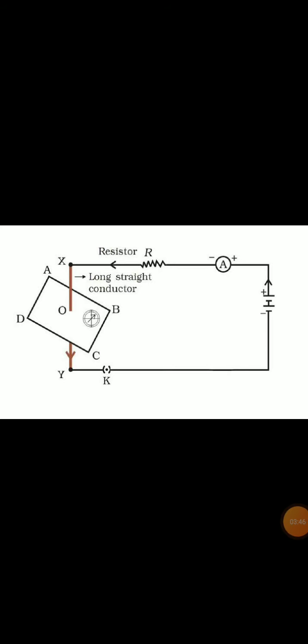Which means when we pass electricity through this copper wire, it carries electric current, and by keeping a compass near to it, we have observed that it shows deflection in the needle. By this, we can say that the electric current carrying wire has produced a magnetic effect.